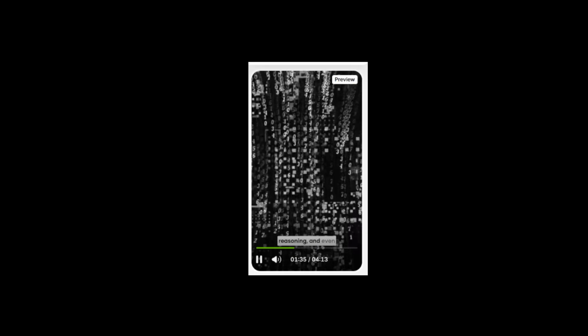These numbers were determined during pre-training on vast text corpora, and they encode general patterns of language, reasoning, and even some world knowledge. Every time you give the model a prompt, it performs a cascade of matrix multiplications using these frozen numbers and produces a probability distribution over the next possible word.